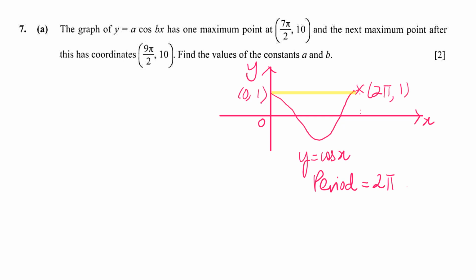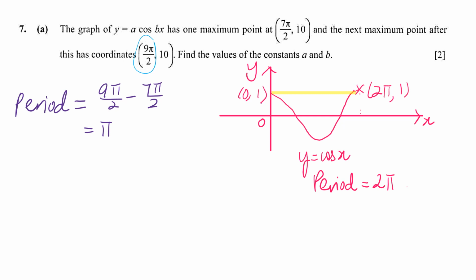The range between two maximum points will give you your period. So to find the period, it's just taking the x coordinate of your second maximum point minus the x coordinate of your first maximum point, and that gives you pi, right?